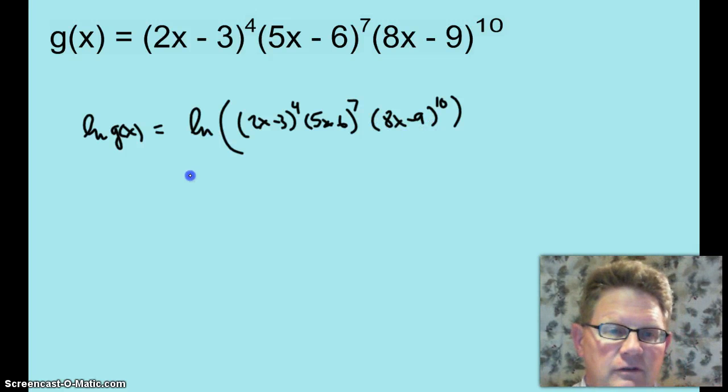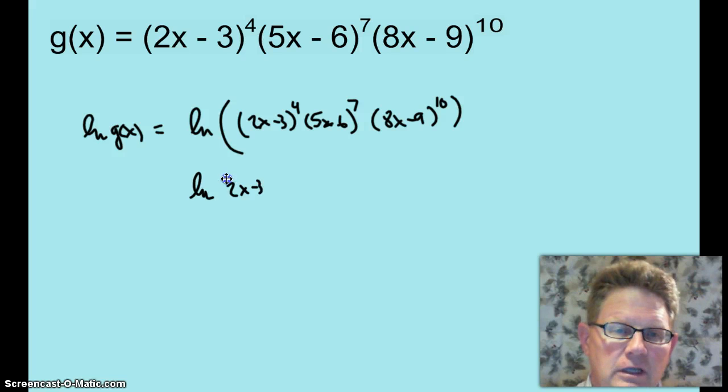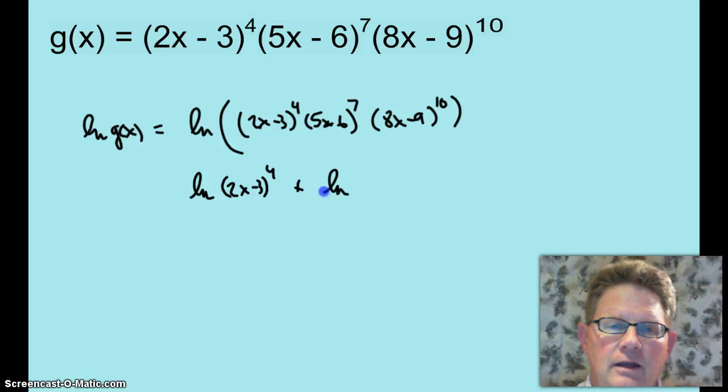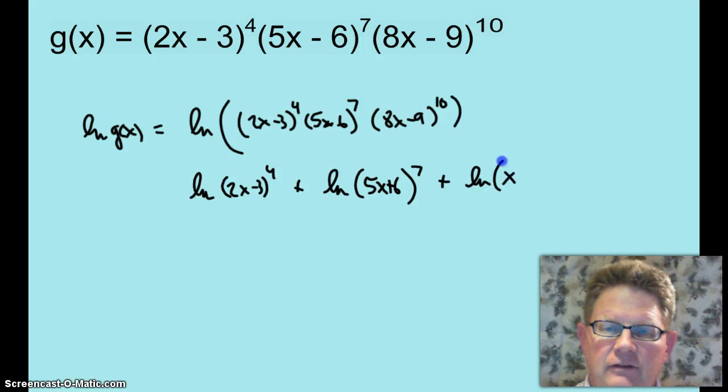So we can simplify that. We can say that that is the ln of 2x minus 3 to the fourth power plus the ln of 5x plus 6 raised to the seventh power plus the ln of 8x minus 9 to the 10th power.